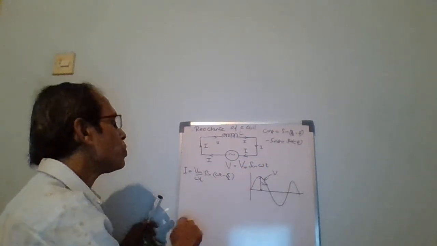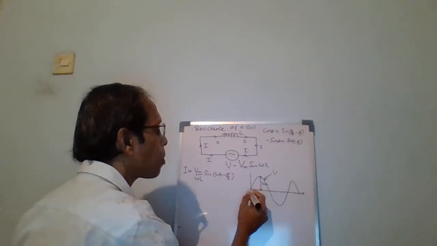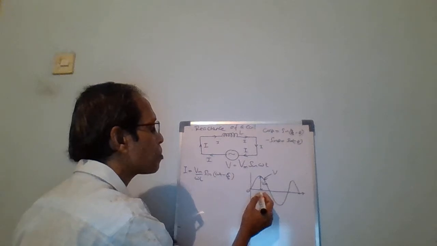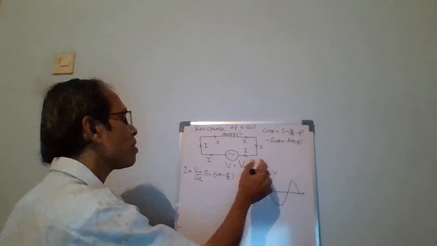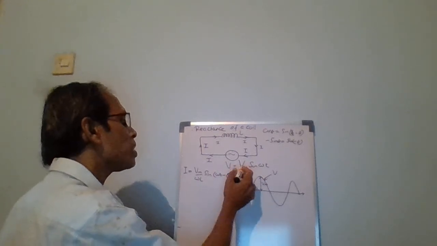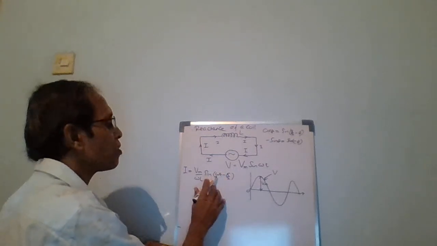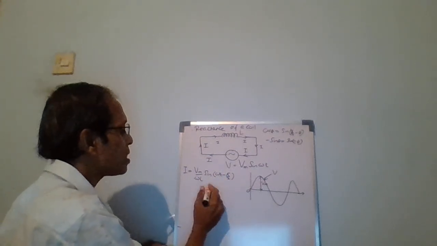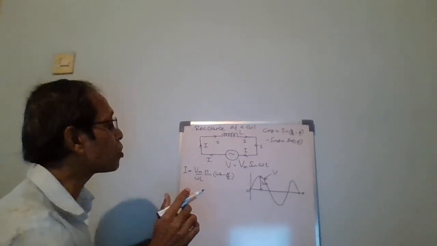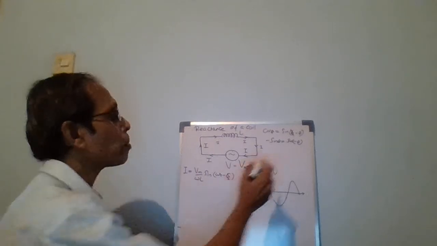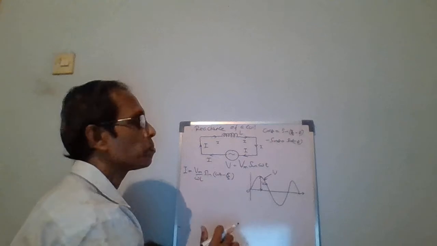When omega t is 0, this is t; omega t is pi divided by 2 here, omega t is pi here. When omega t is 0, V is 0, but the current is sin of minus pi divided by 2.